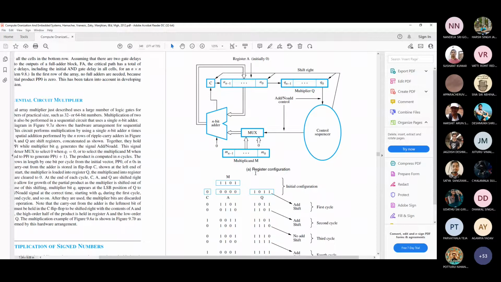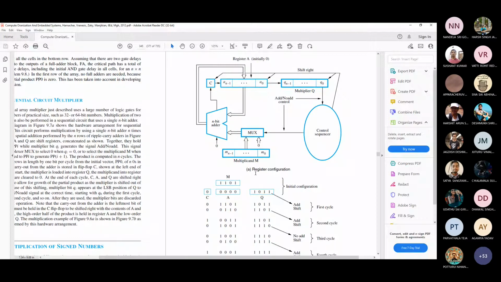Here one thing is that this adder again creates a problem, because even if you implement a carry save adder or ripple carry adder, it takes some time. So can we avoid these addition operations? The simple thing is that even if the multiplier bit is 0, you are adding. You are adding with 0, but you are adding.